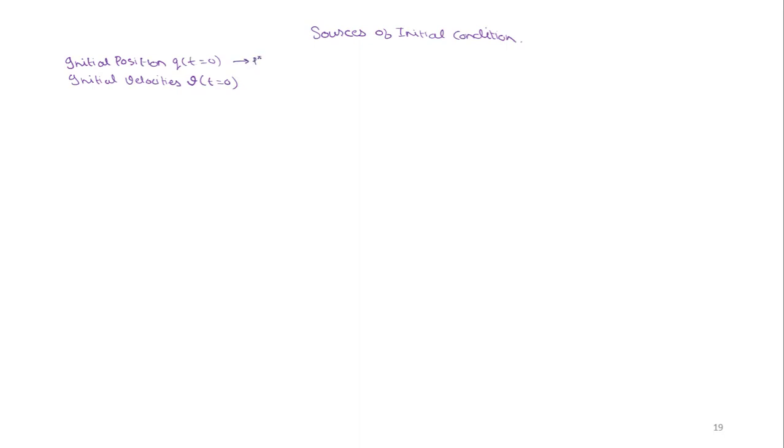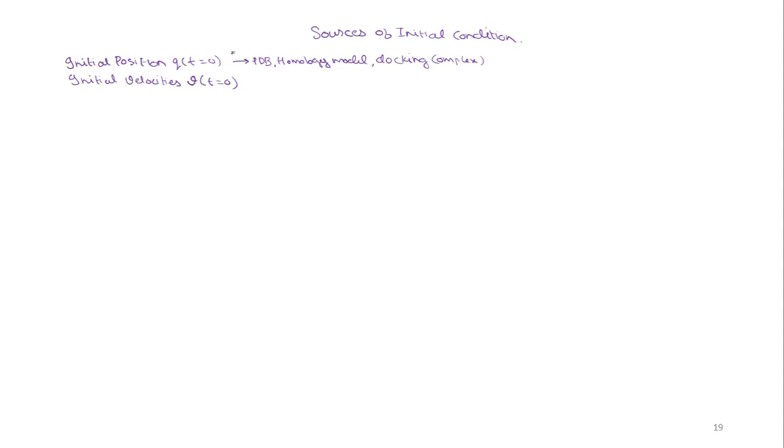It can be a PDB file, it can be a homology model, or it can be a docking complex. Okay, so these are usually the initial conditions or initial positions from where you can begin your MD simulation.